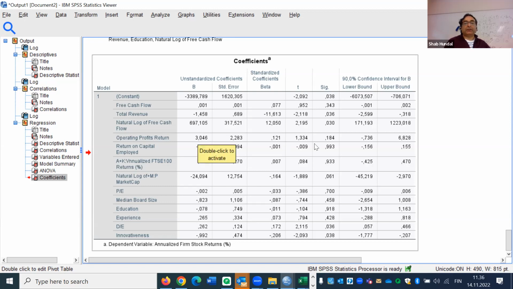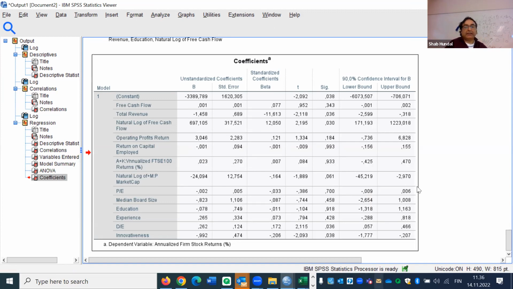And then the most important thing, whether the result is significant or not. Honestly, when I do my research or my students do, I don't even care about the value. So I don't see it quantitatively. I see it qualitatively. Sign is positive or negative, and then most importantly, is it significant or insignificant?